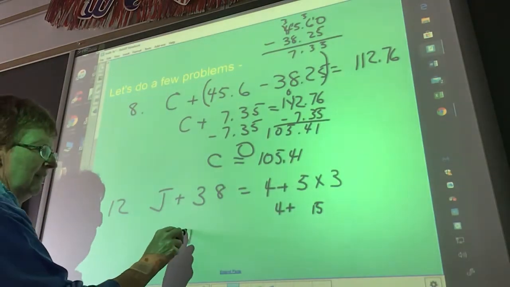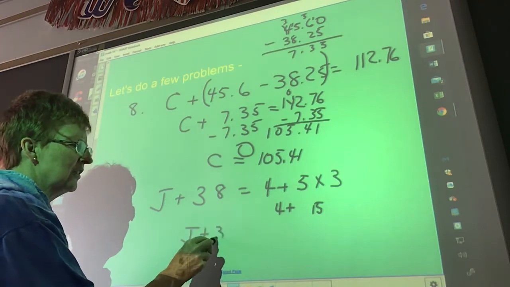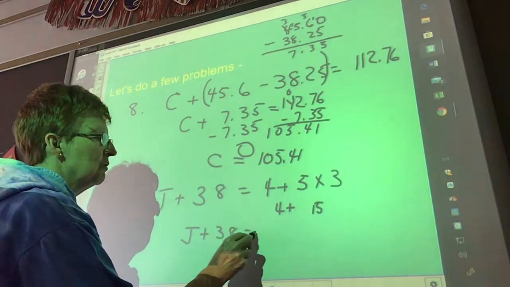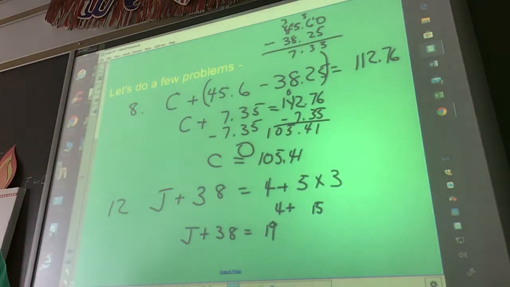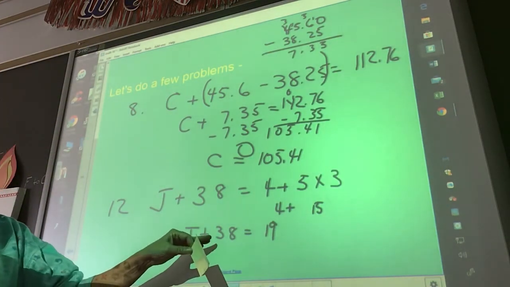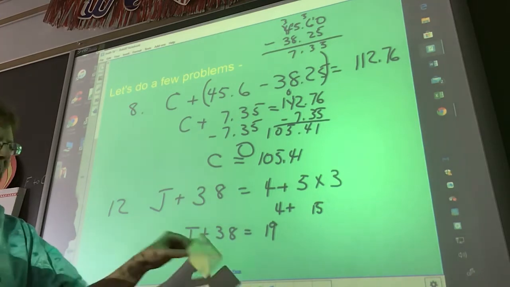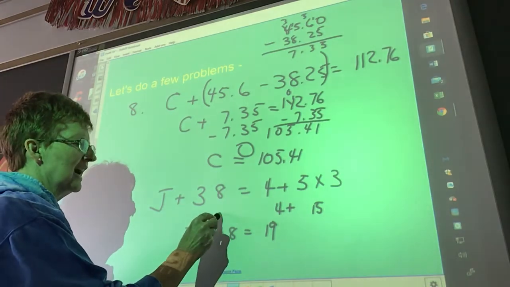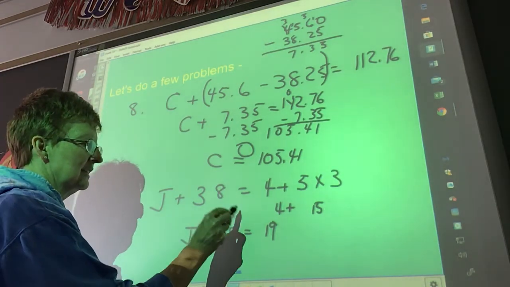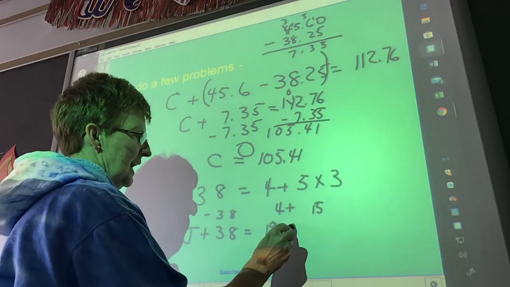So now I'm going to rewrite my equation: J plus 38 equals 19. Now I have to get rid of a positive 38, and the way that I do that is on both sides of my equation, I subtract 38. So I'm going to subtract 38 from both sides.